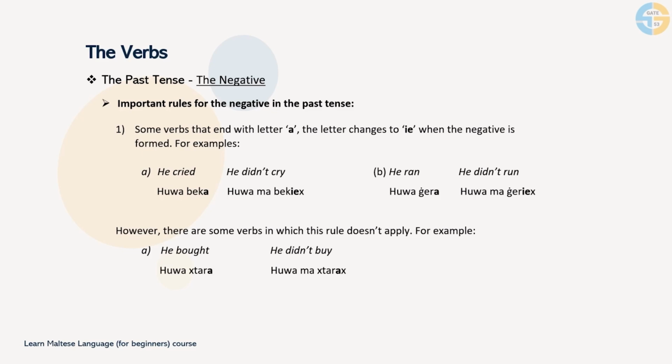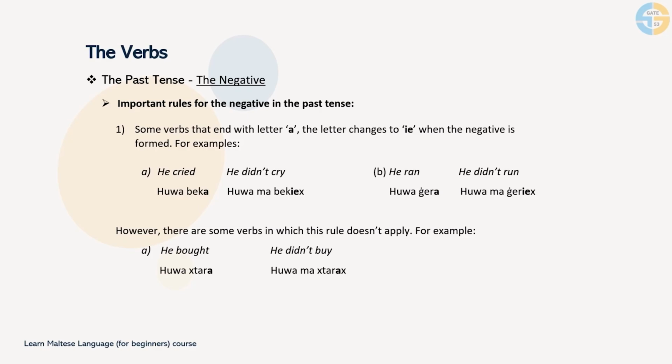For example, he cried, he didn't cry. So, huwa beka, it ends with a. Huwa ma bekiex. So here the a is changed to ie. Huwa ma bekiex.